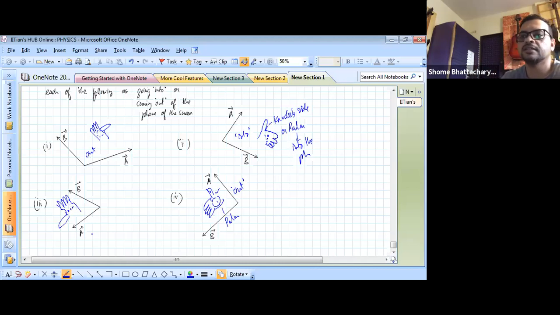You will be seeing your right hand knuckles. So this is again into the plane. Okay, so that's why the answers are: first case coming out, second and third going in, and fourth case again outwards. Okay. So hope this is clear to all of you.